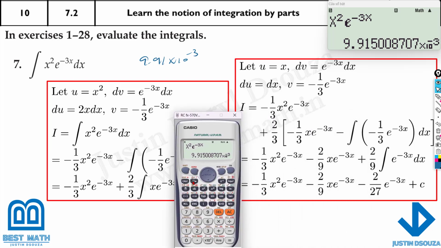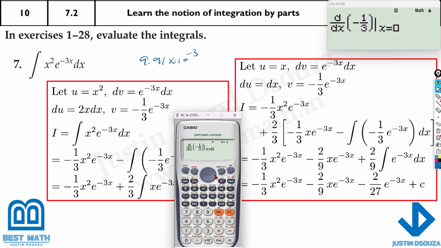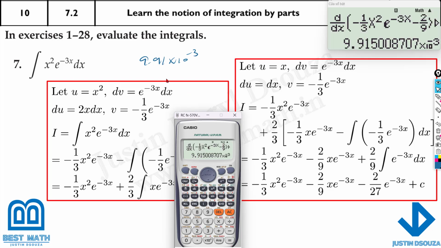Now I'll press shift dy by dx and type this entire thing: minus 1/3 of x squared e to the power minus 3x, and then minus 2 by 9, then x e to the power minus 3x, and then the last term, minus 2 by 27 e to the power minus 3x, and then x is 2. We must get the same one. Yes, we are getting 9.91 in 10 to the power minus 3.